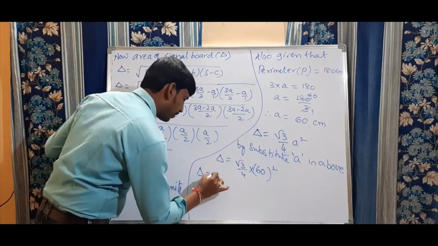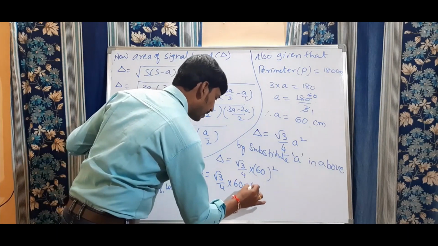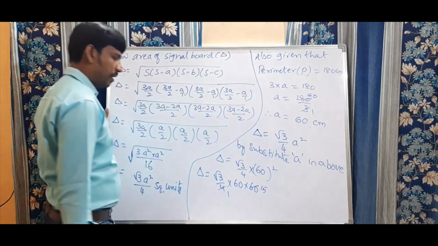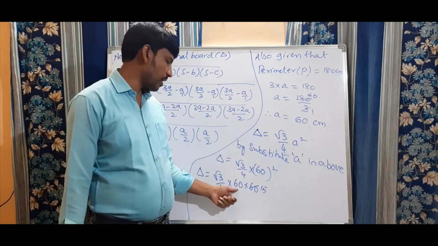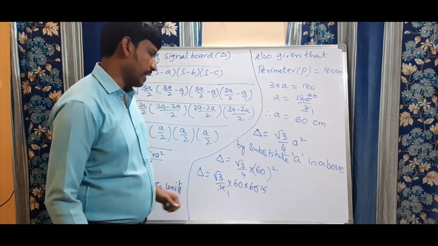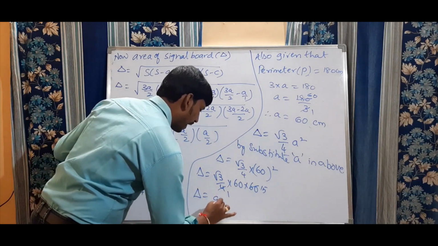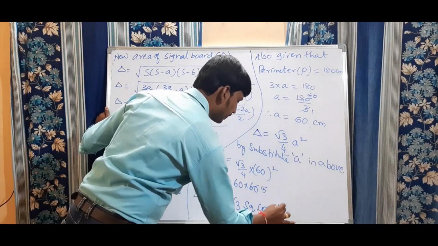So delta is equal to root 3 by 4 into 60 into 60. Now 4 ones are 4, 15s are 60. Clear? By cancellation, 15 6s are 90. Okay, this is 60. 60 into 15 equals 900. So therefore delta is equal to 900 root 3 square centimeters.